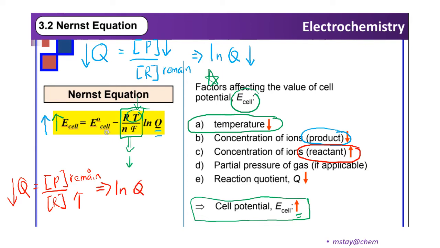So E0 cell, a fixed value, minus a smaller value means the E cell will be increased. By combining these two ideas, if the reaction quotient is decreasing, the E cell will also increase.